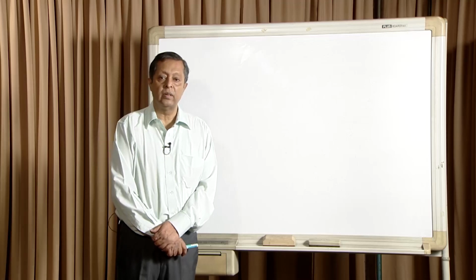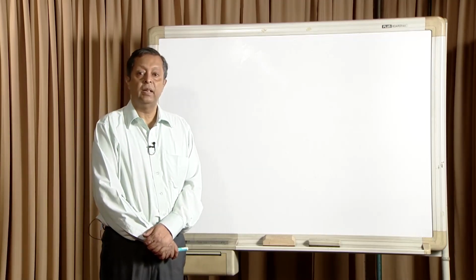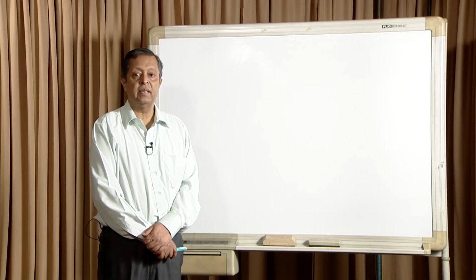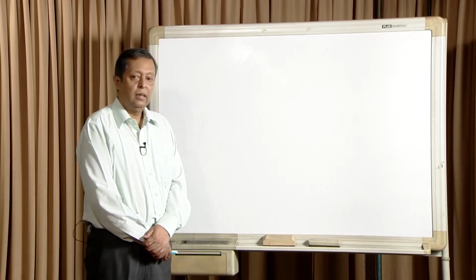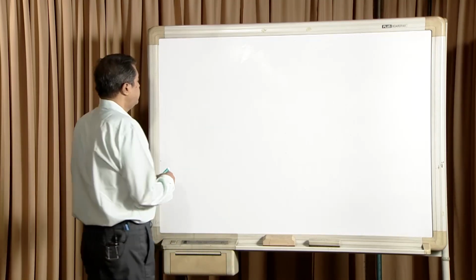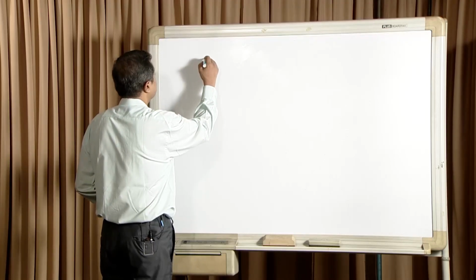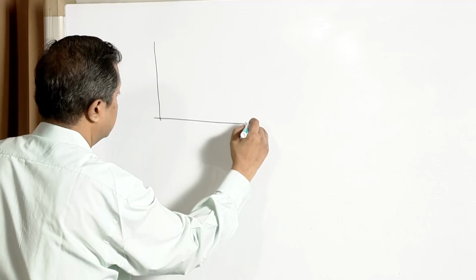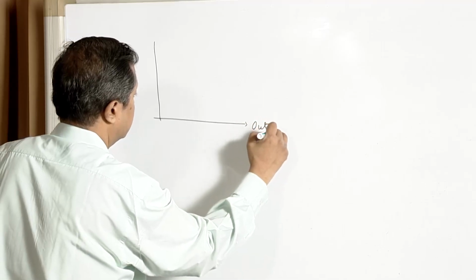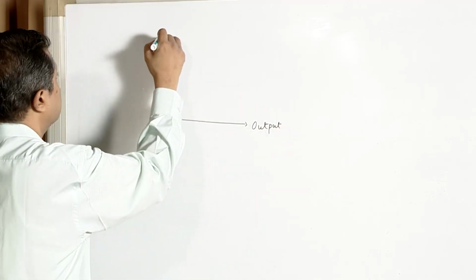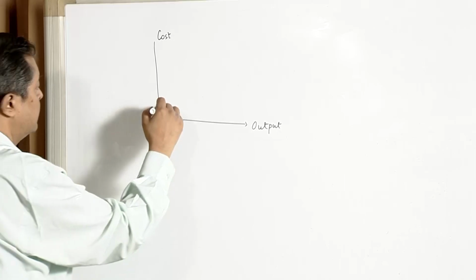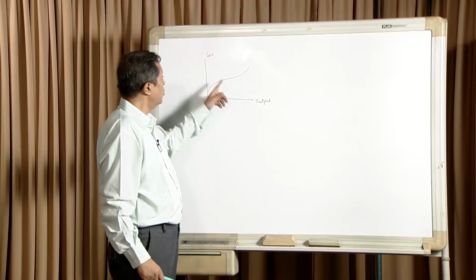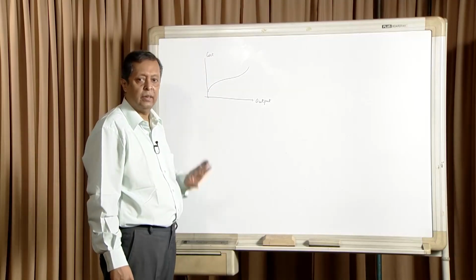Let us now take a closer look at the concept of linearity. So, what exactly do we mean by saying that the model is linear? Let us demonstrate. We know that the relation between output and cost is non-linear.